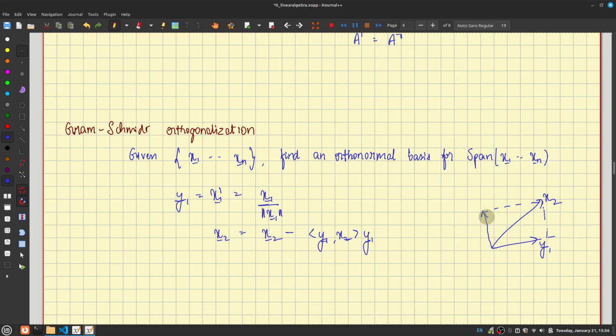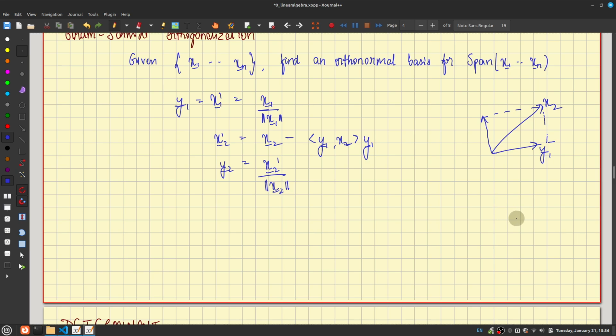I can decompose x2 along y1 and orthogonal to y1. That gives me some vector, and then I normalize it. Let me call this x2 prime. So y2 is simply x2 prime divided by the norm of x2 prime.